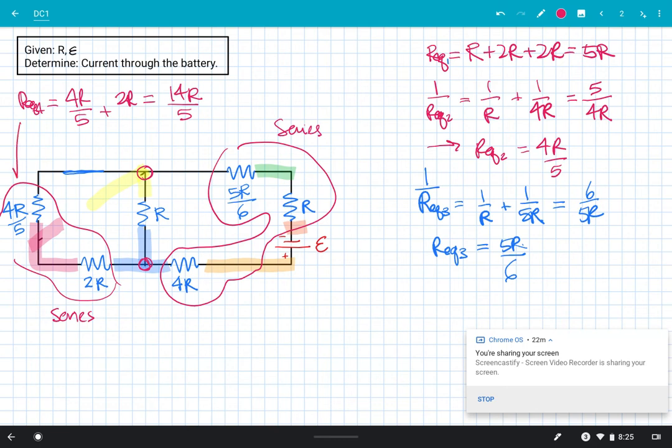So this is R equivalent 4. That's this one. R equivalent 5, let's say this one right here. That's going to be 4R plus R plus 5R over 6, plus R plus 5R over 6. Sure.